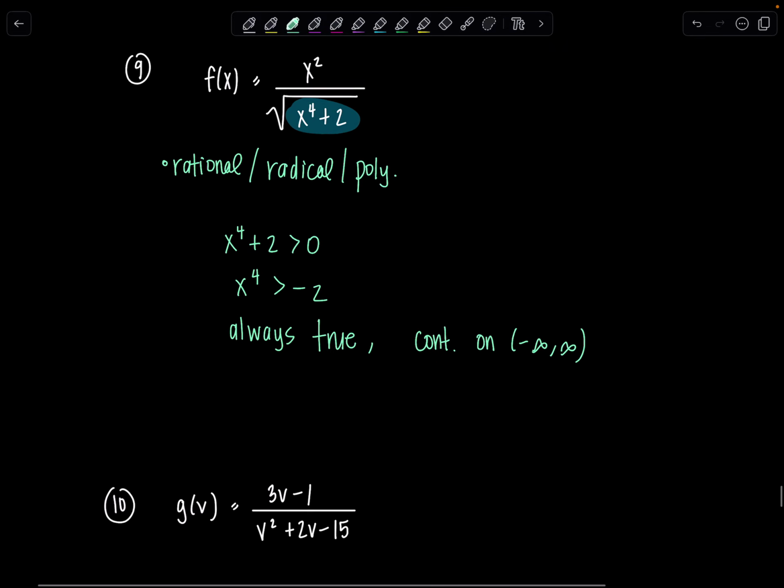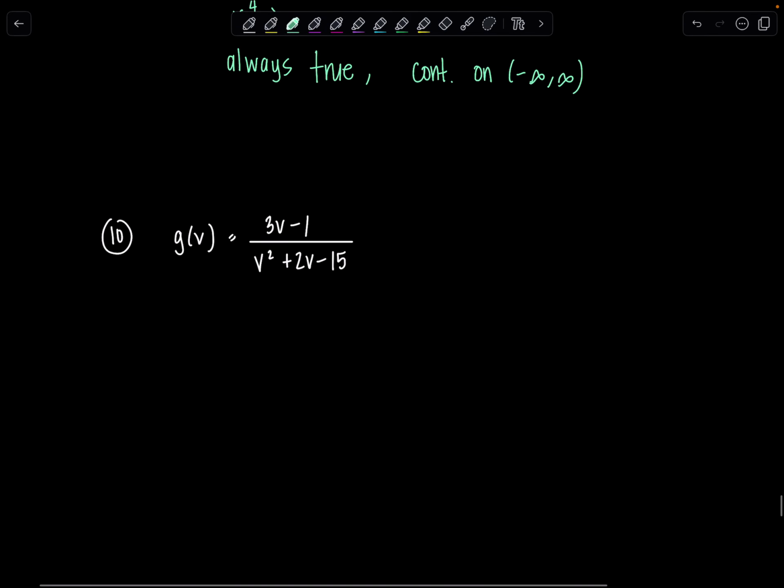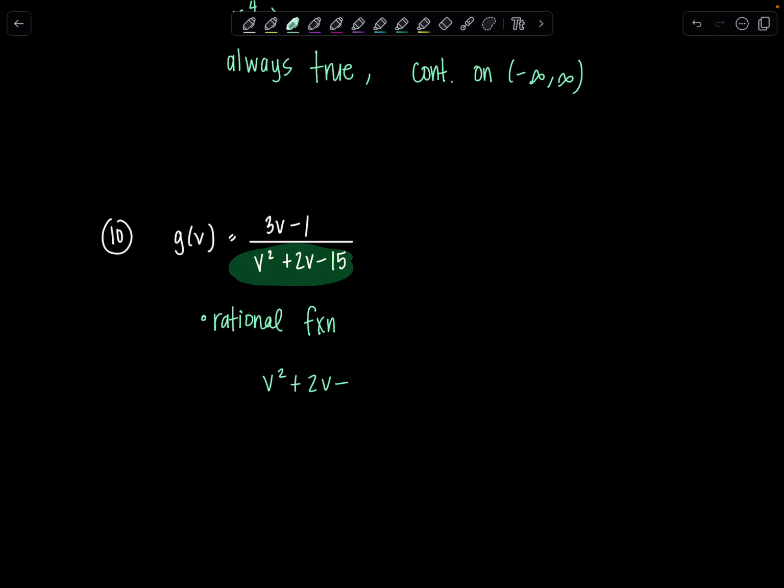Okay, last one, 10. G of v equals 3v minus 1 over v squared plus 2v minus 15. So g is a good old rational function. I just don't want this denominator to be 0, right? That would be problematic. Can you factor?